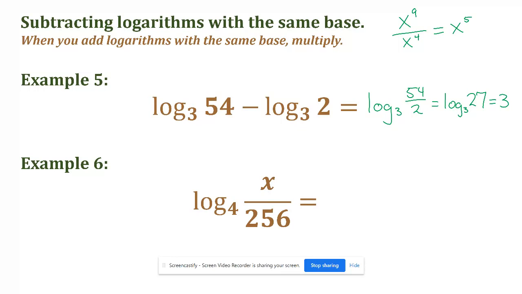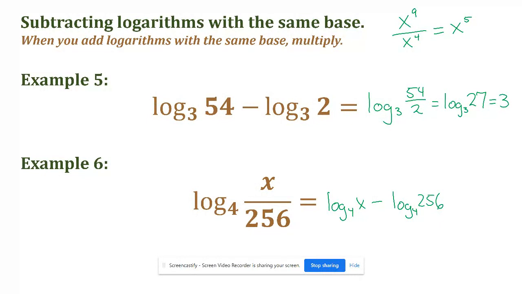So very similar to what we did on the previous slides, just we're going subtraction to division or division to subtraction. So here on number 6, we're going to go the other way, and we're going to split this into 2. And we're going to say log base 4 of x, and log base 4 of 256. And here we're going to subtract them because we were dividing those.